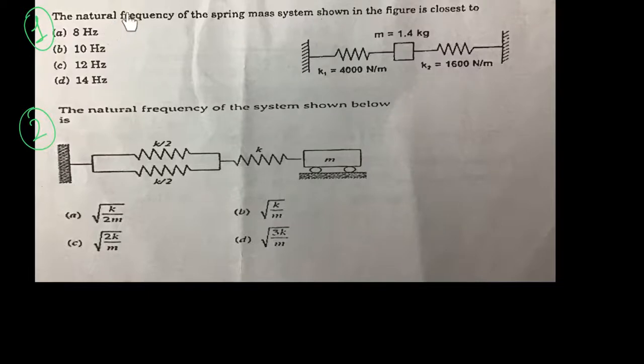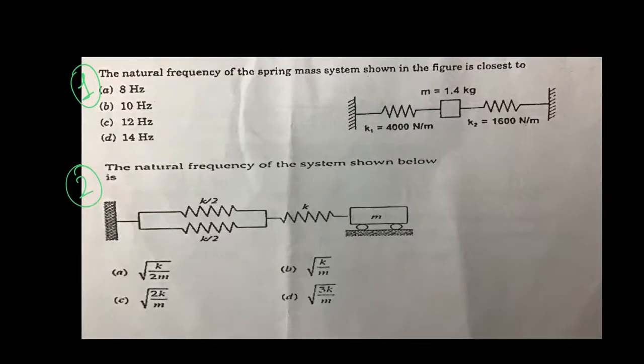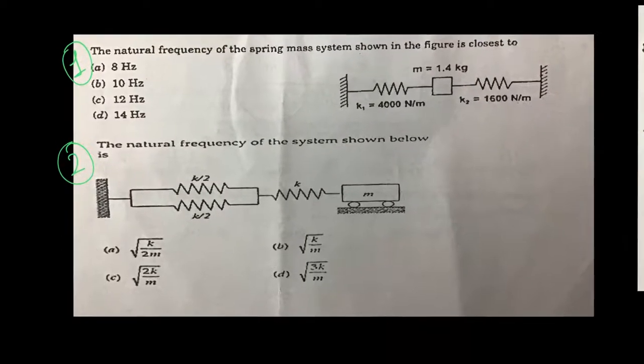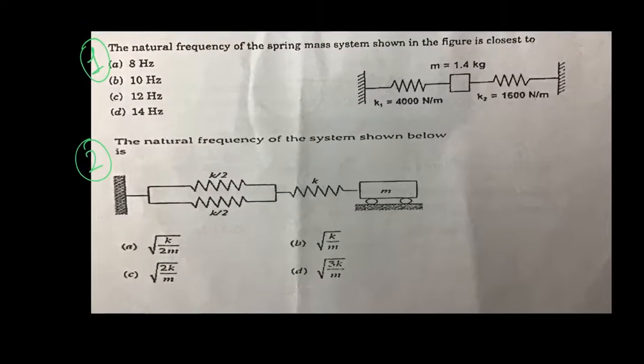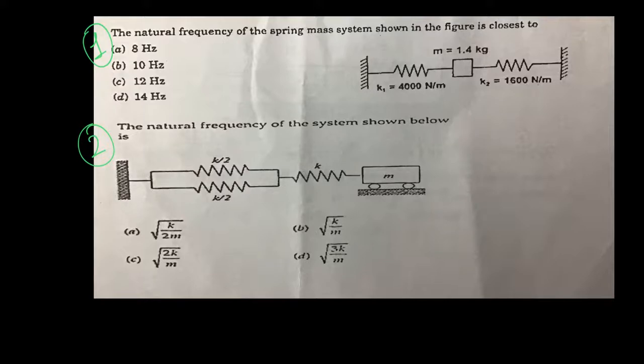in this particular question they are asking the natural frequency of the spring mass system shown in the figure. In this particular figure, these two masses are arranged in series or parallel? Series or parallel?